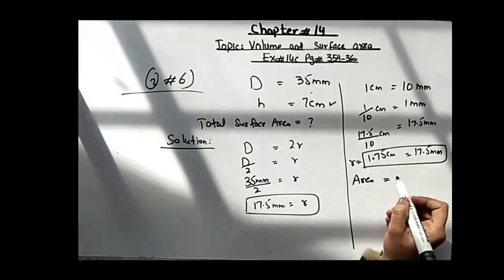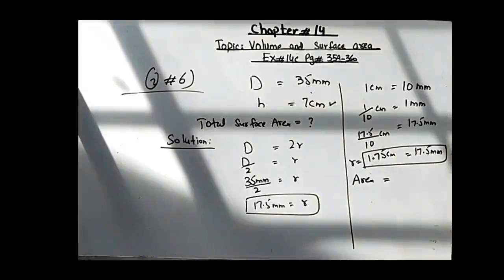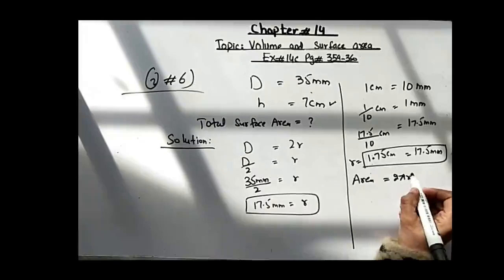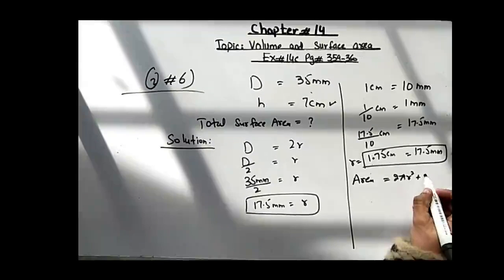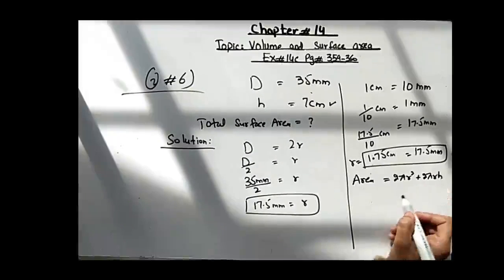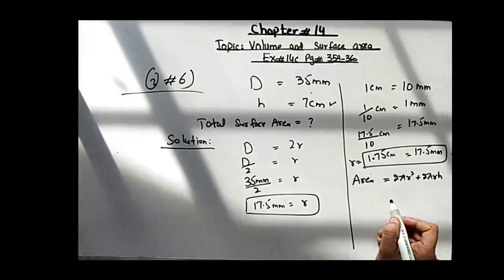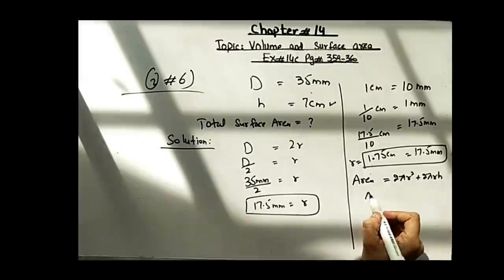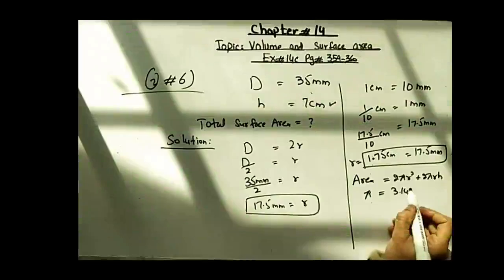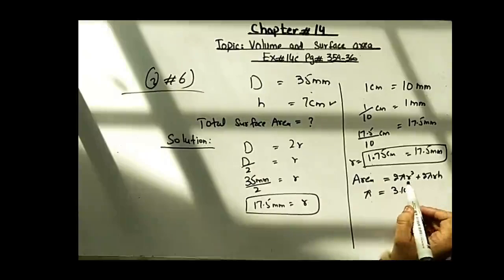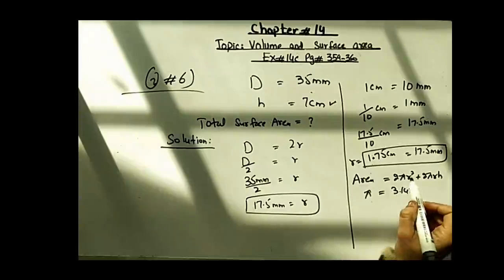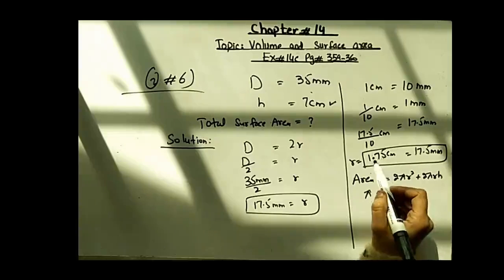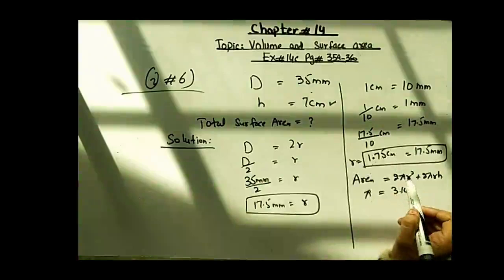Total surface area of cylinder. First you will write the formula: 2 pi r square plus 2 pi r h. Then you will put the value of pi, as they are saying that the value of pi is equal to 3.142. So you will put 2 pi, which is 3.142, r is equal to 1.75, and then you will find the square of this, meaning 1.75 multiplied 2 times.